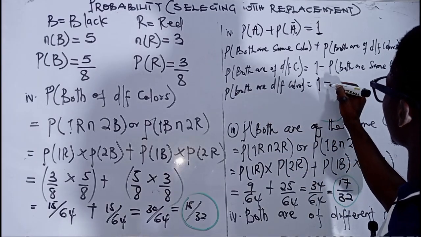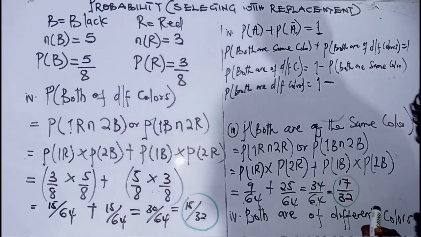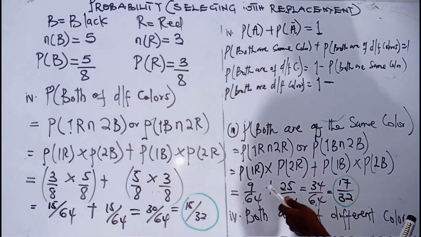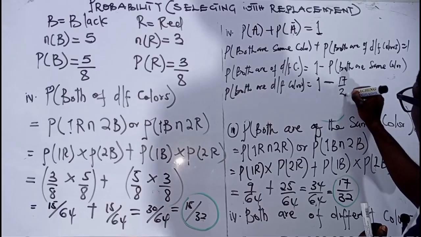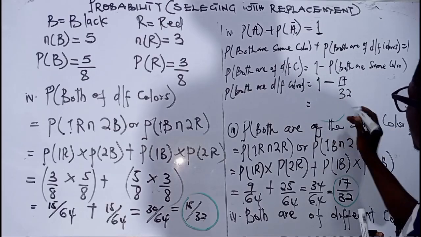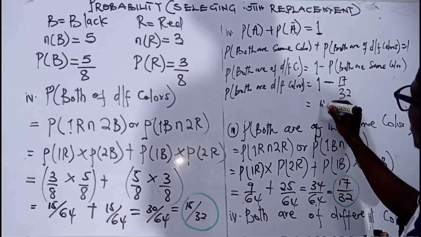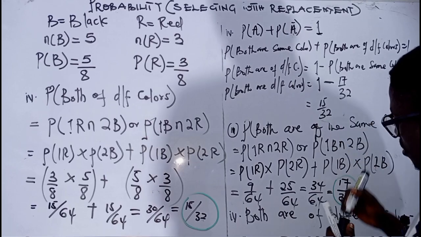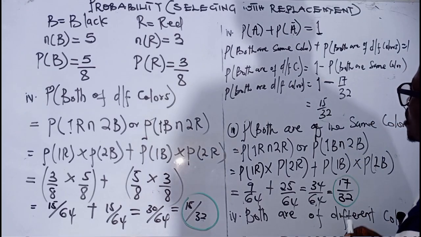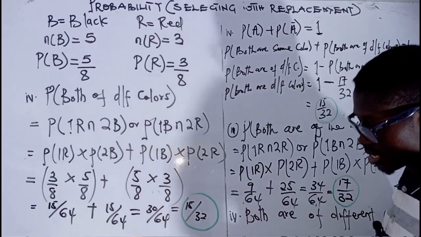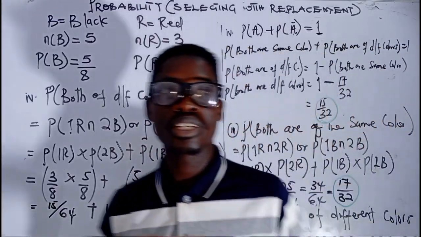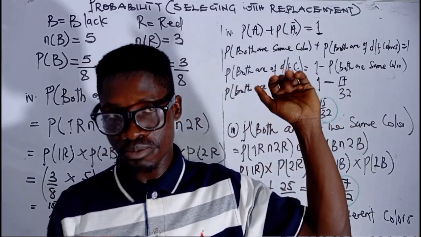We have 1 minus the probability that they are of the same color. We had it, and that is 17 over 32. So when you do your subtraction, you are going to get 15 all over 32, which is the same as that. So you can either use the complementary rule or this particular method. Very, very easy and then simple. See you tomorrow. Bye bye.